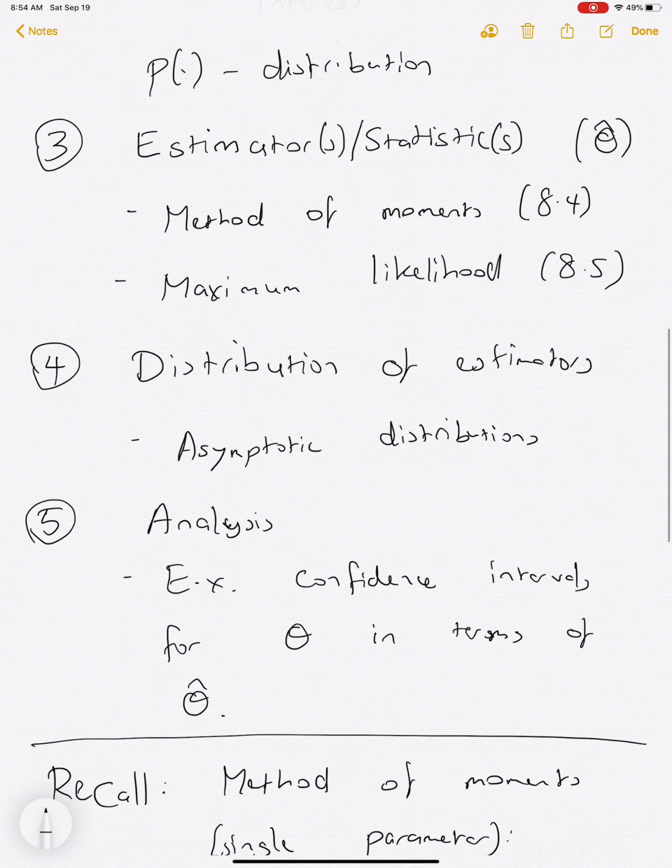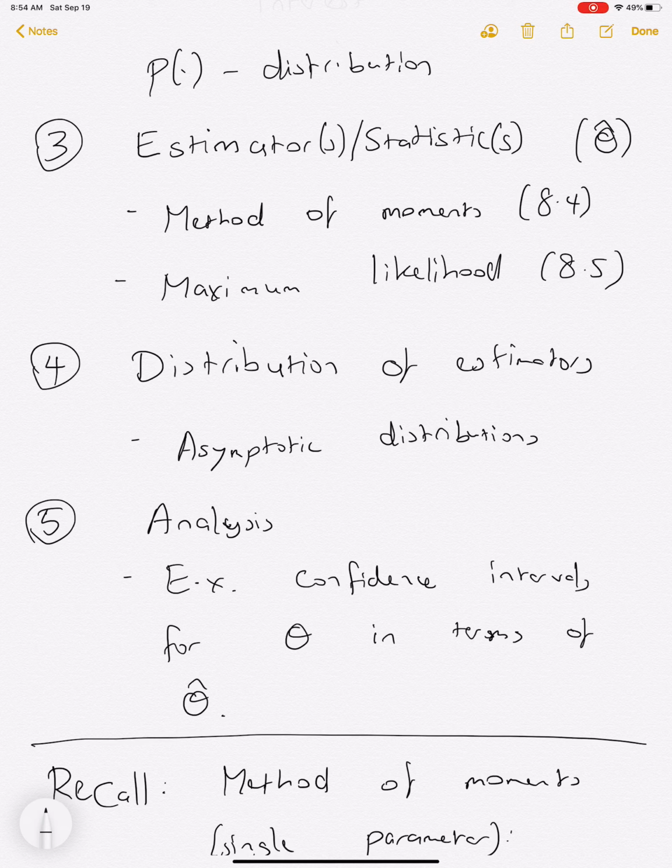Then the next key components, and we'll focus on components 4 and 5 today as well, are the distribution of the estimator. In particular, could we determine an asymptotic or an exact distribution of the estimator? Typically for the method of moments, we're not going to be able to do better than an asymptotic distribution in most cases.